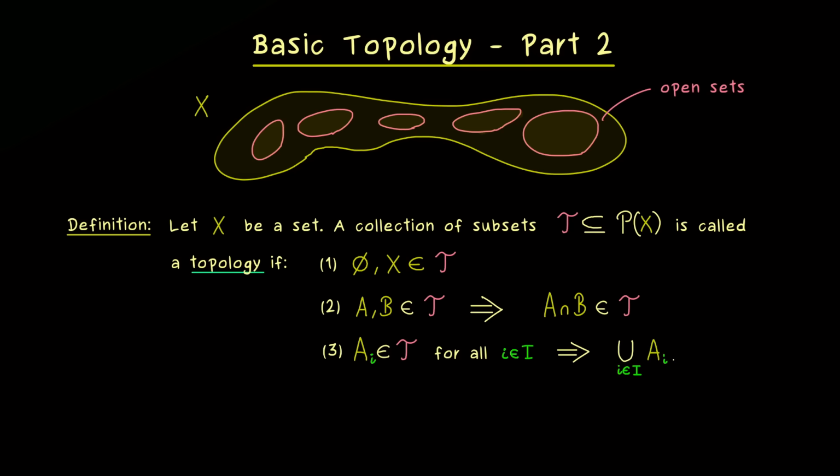And then the implication is that the union of all these subsets still lies in T. So in short, a topology is closed under forming unions, under forming finite intersections, and it has the empty set and X as elements. And at this point you already know that these special subsets is what we call open sets. Hence in that context, saying open just means it's an element of T.